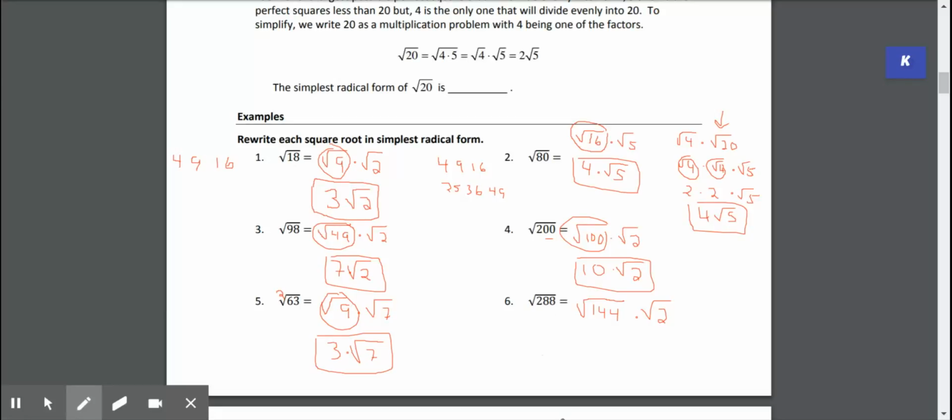So as a result, it's going to be divisible by 144. Okay, so 144, the square root is going to be 12. That becomes rational. The radical goes away. The square root of 2 we can't take, so it stays underneath the radical. Okay, so 12 square root 2 would be simplest radical form.